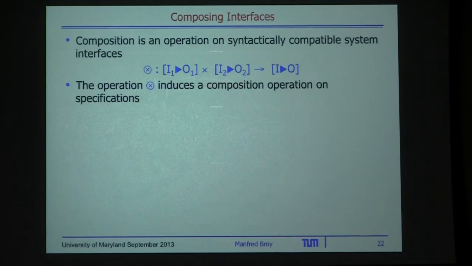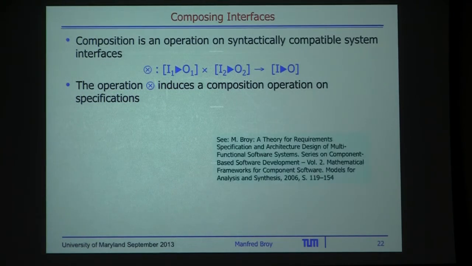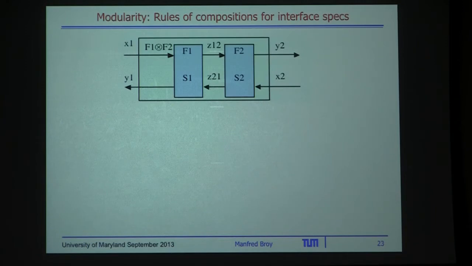Interesting is also composing interfaces. If we have two interfaces, we want to compose them. To keep it simple, I do it in a graphical way, then you see what I mean. Of course, you can compose many components. I just give you the formulas for two components, because if you can compose two components, you can do that for a finite number of components.